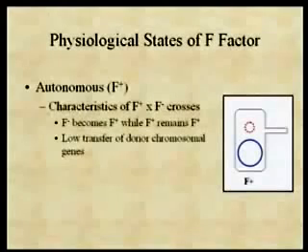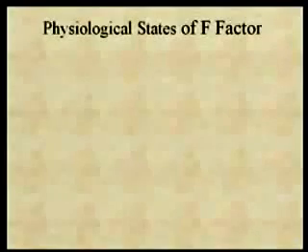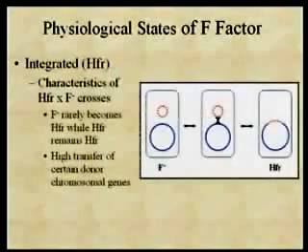And there will be a low frequency of transfer of donor chromosomal genes. So we're going to convert the recipient to a donor, keep the donor a donor, and have very low transfer of these donor genes on the chromosome. All right? The second way that F can exist is integrated into the chromosome.